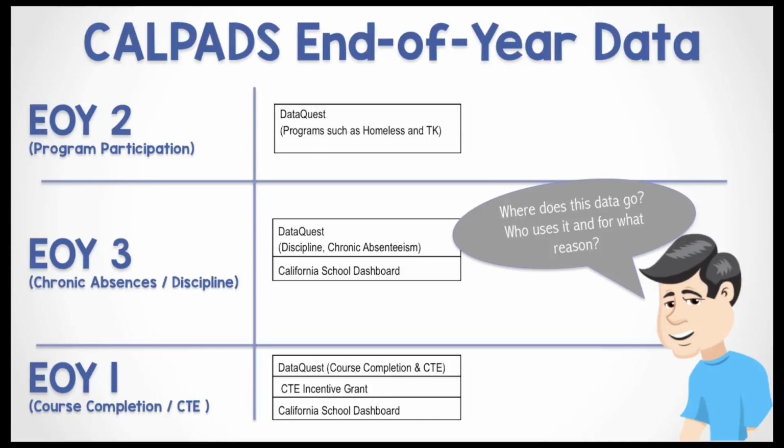And all this information about how many EL students you have, how many free reduced lunch, how many transitional kindergartners you have, as well as all these chronic absences, the discipline stuff, and even how many students have completed a career pathway. All this is captured by CalPADS and then pushed into these other web interfaces for public consumption in an anonymized fashion.